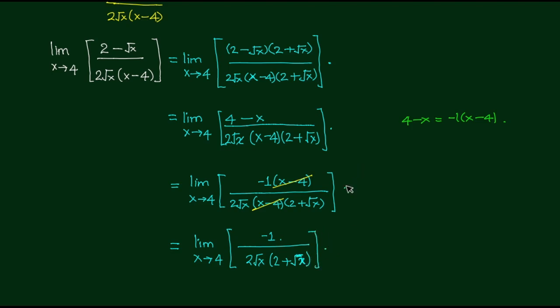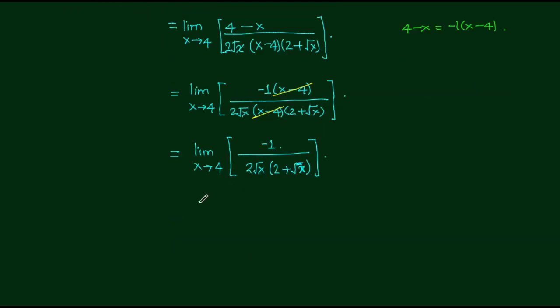Next is just making our substitution when x tends to 4. As we substitute 4 into this expression, we remove the word limit and this x. Therefore, -1 from the numerator will be divided by 2 root 4 multiplied by 2 plus root x, and for our case x is now 4.